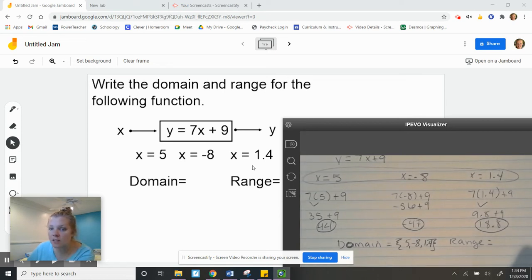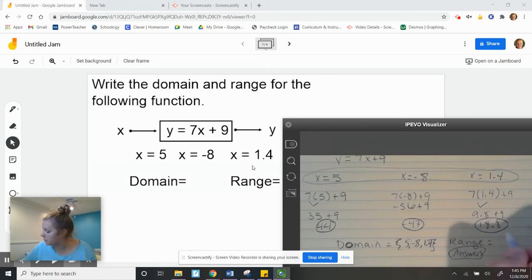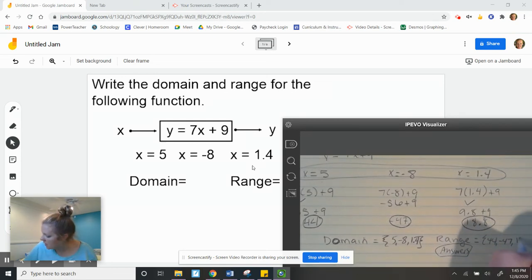They have to tell us what the domain is. The range is a little bit sneakier, a little bit harder, because the range is the output or the y values. And so the range are my answers. The range are the answers to the problem. So my range is going to be 44, -47, and 18.8.